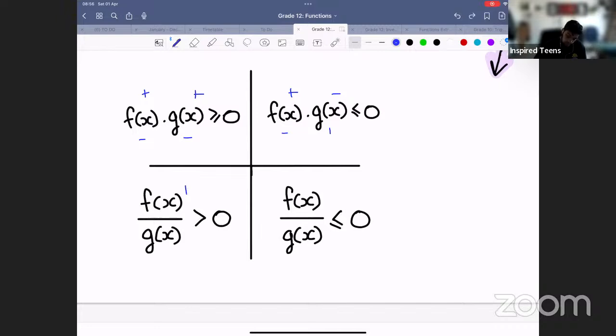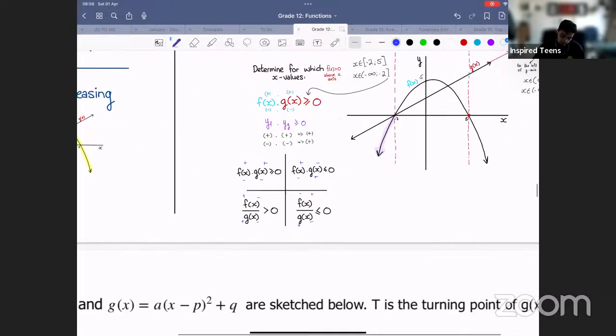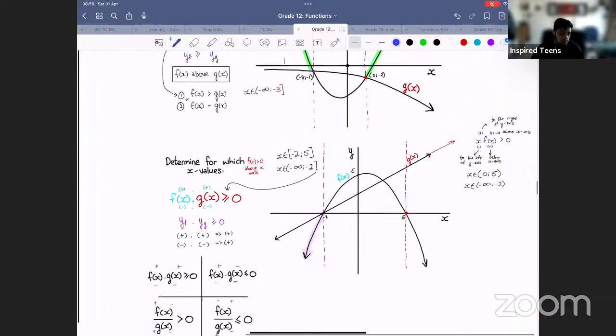Greater than 0, so a positive and a positive, or a negative and a negative. Less than 0, so negative, positive, or positive, negative. Okay, so those are the different variations of essentially the same thing.